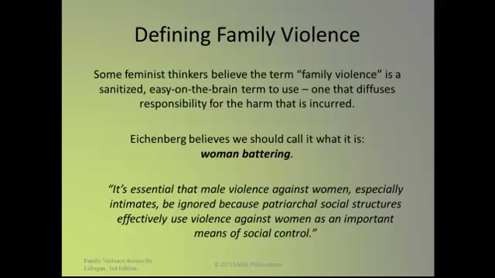There are some feminist thinkers, and I kind of hinted at this, maybe I didn't hint so much as told you directly about this in the first slide for this week's learning unit, that say that using the term family violence is a sanitized way of making this easy for us to conceptualize.